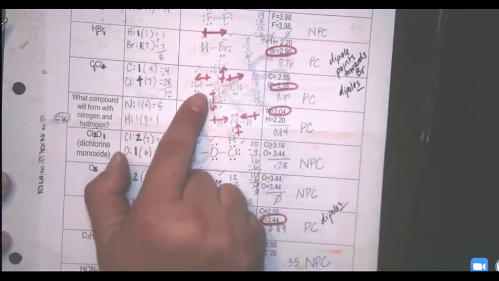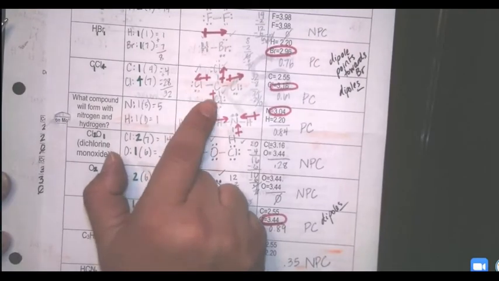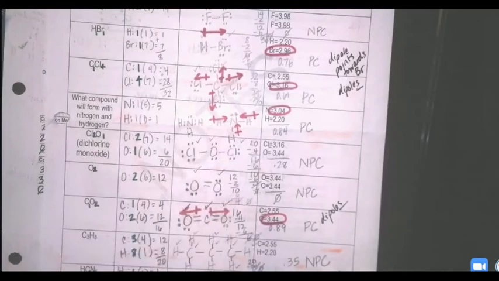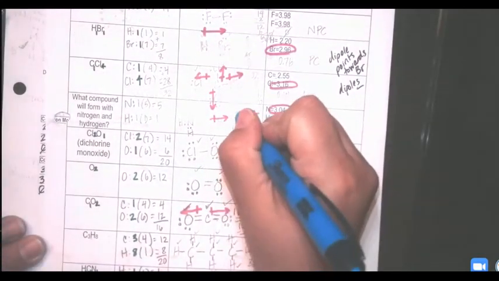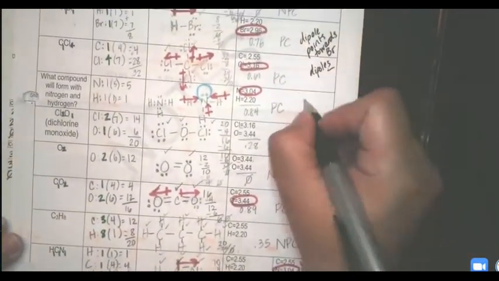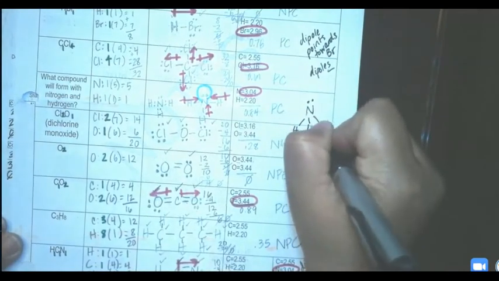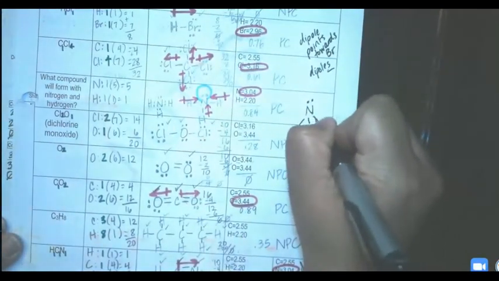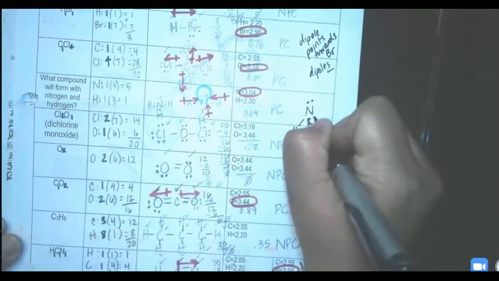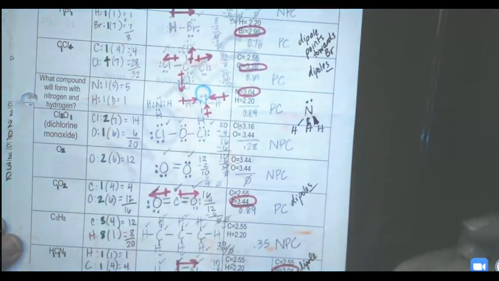This one here, 4 things attached, no lone pairs, that will be tetrahedral. This one here, NH3, we have this lone pair. So now I can't draw it like that anymore. I would have to redraw this and draw it like a pyramid. So this one has a shaded in wedge, dash wedge, and then a single wedge, right?